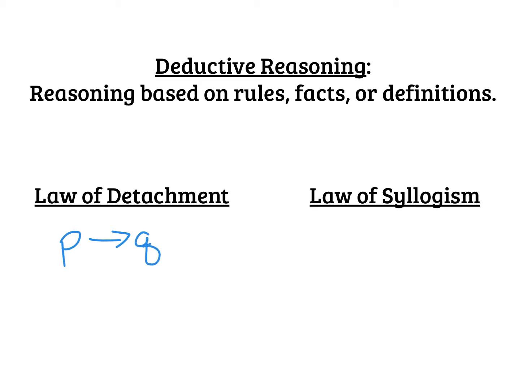And for syllogism, we're going to be given if P is true, then Q is true, and if Q is true, then R is true. Therefore, P implies R. For the law of syllogism, we'll go over some examples, but it has multiple steps to draw a conclusion, unlike detachment, where we just use one statement.